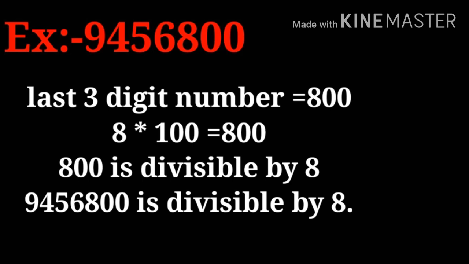In this number, the last 3 digits are 800. Check whether 800 is divisible by 8 or not. 8 into 100, 800. Hence, 800 is divisible by 8. So, 9456800 is divisible by 8.